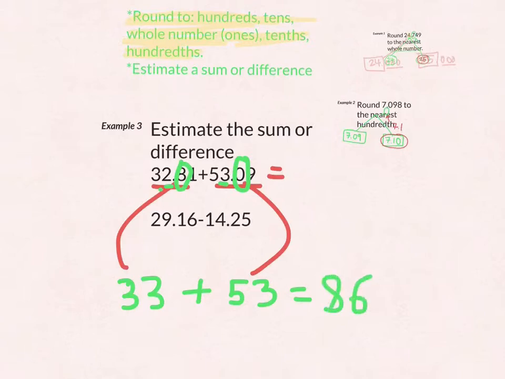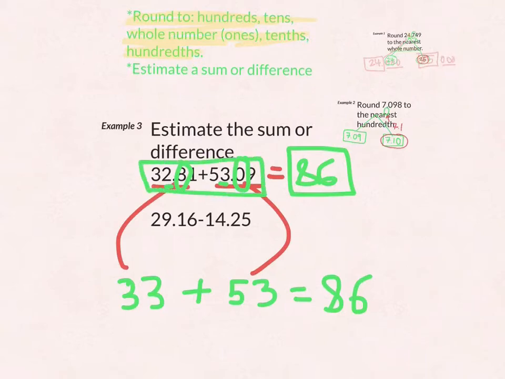So 86 is our estimate. Now that's not the actual solution to this addition problem, but this is a close enough answer. We could either use that to check our actual math if we were to solve it, or we could just use it to get a quick close enough answer if, for example, we wanted to know about how much this is.